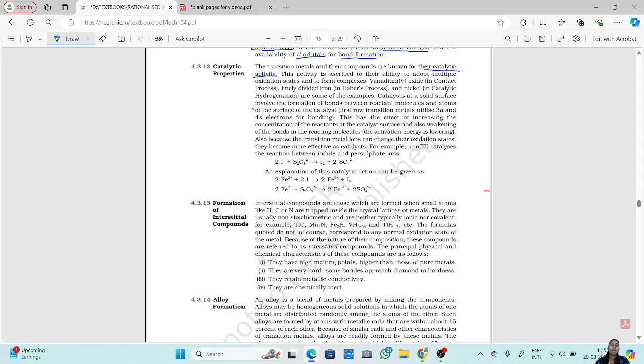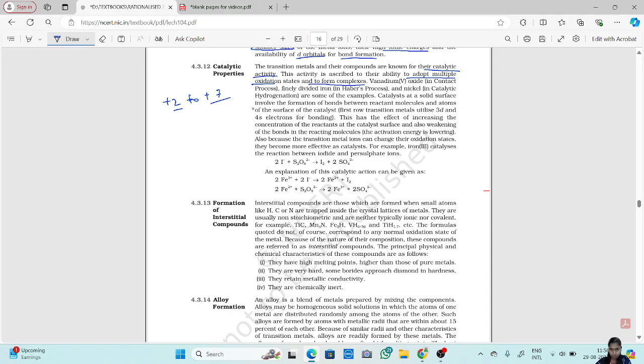Now why do they have this ability to perform like a catalyst? It is basically because of their ability to adopt multiple oxidation states. As I told you, transition metals show various oxidation states, right? For example, from +2 to +7 they can show oxidation states in multiple forms, and another reason is their complex formation. Vanadium oxide in the contact process, finely divided iron in Haber's process.